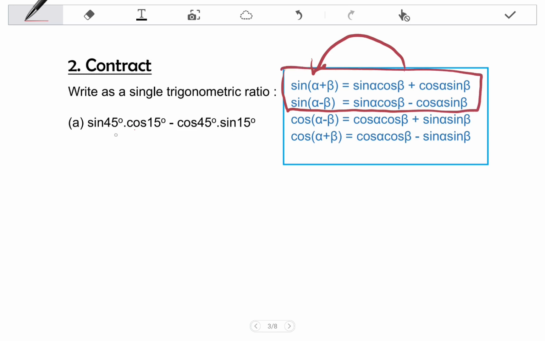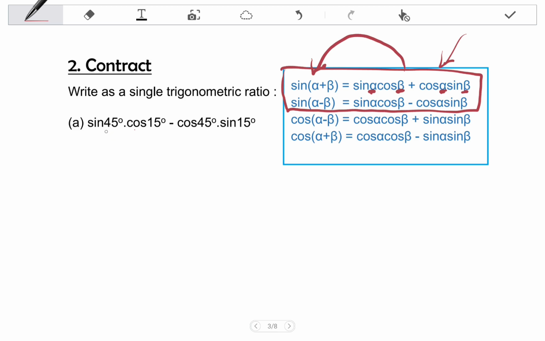Okay, the next thing I want to check is, do I have the same angles? So if we look at the formulae, my angles are alpha, alpha, beta, beta. So I want to know, does the first trig function in each term have the same angle? Does the second trig function in each term have the same angle?